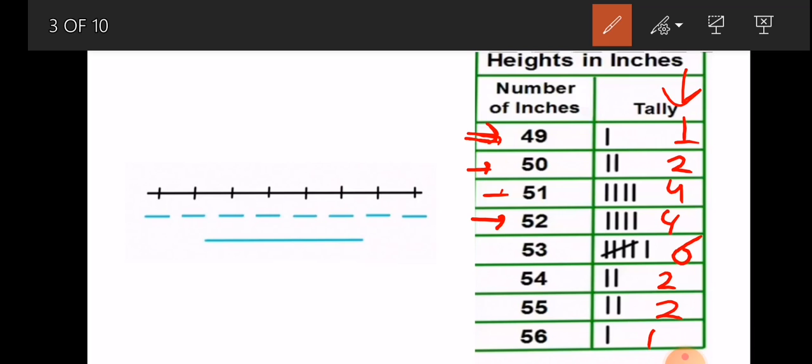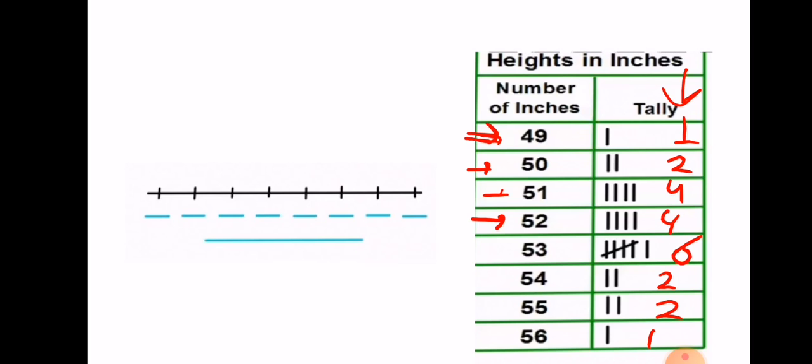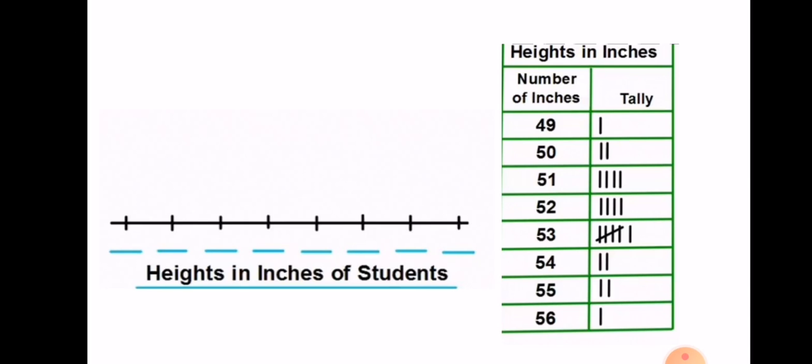Okay, first of all, we need to choose a name for our line plot. What can we name it? Yes, we can name it the heights in inches of the students, because I want to represent the heights of the students, and we measured the height in inches. So first we put the name. Second, on the number line, we will choose something called the scale.